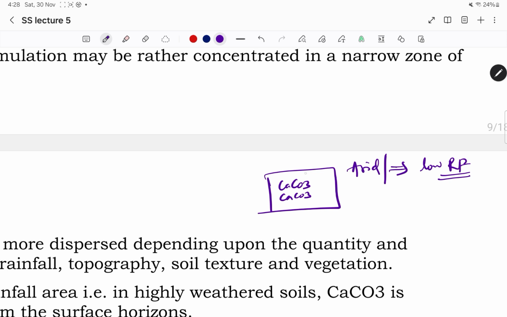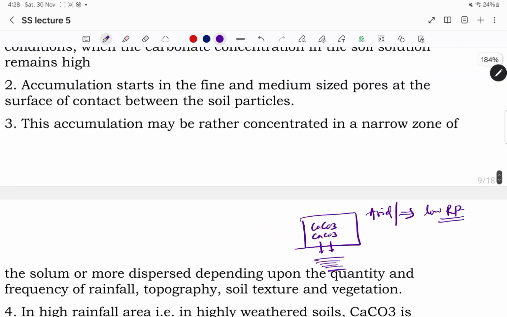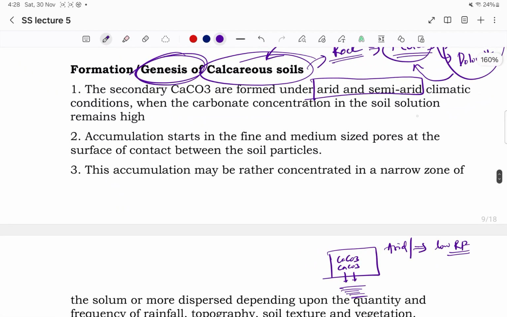There is no adequate rainfall. That's why this calcium carbonate stays in the topmost soil. If there is high rainfall, this calcium carbonate will get leached into a lower layer. Because of the low rainfall, this calcium carbonate stays in the top layer. That's why these types of soils are found in semi-arid and arid regions. There is an accumulation of salt on the top layers.